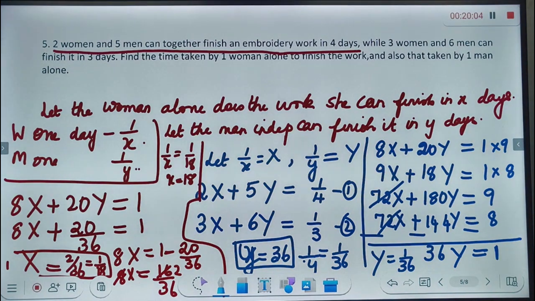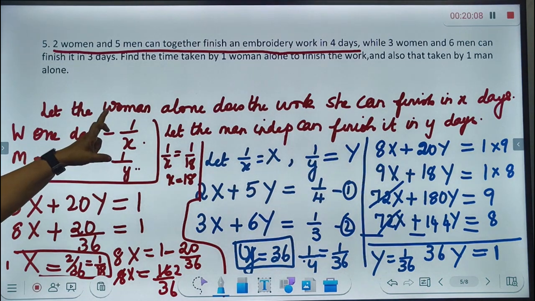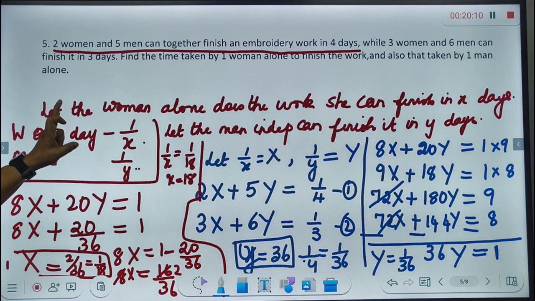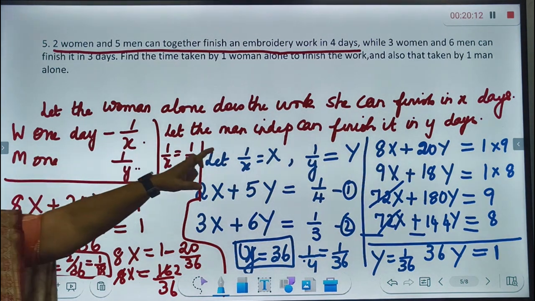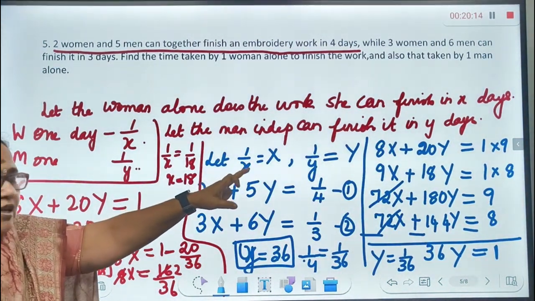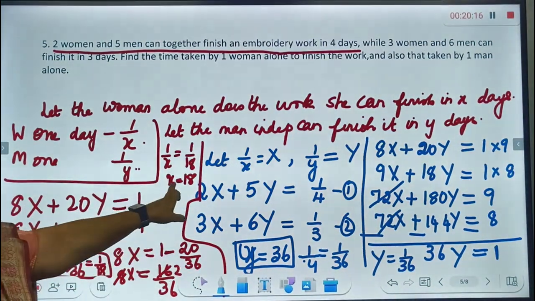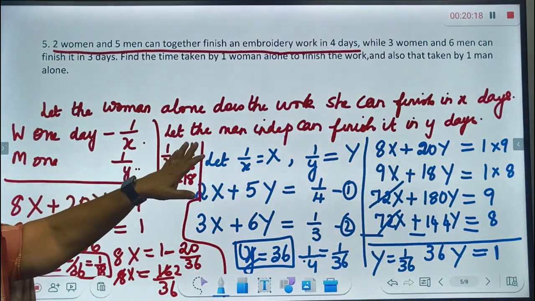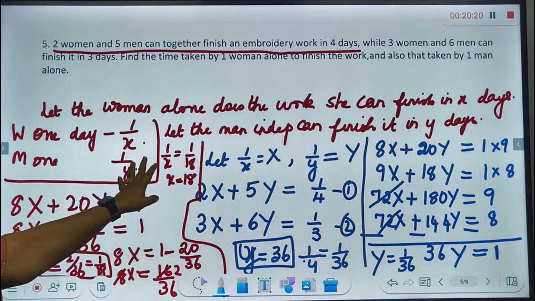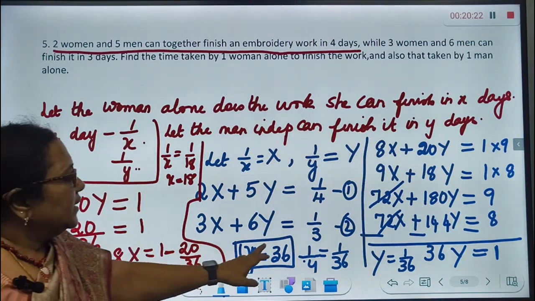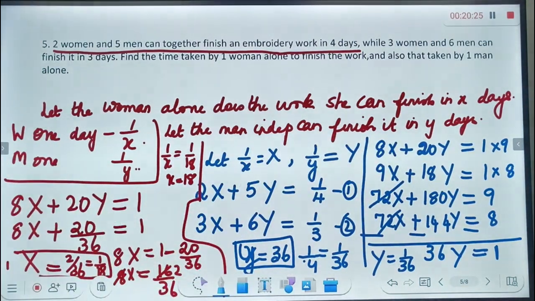So is it clear? We have found out the time taken by one woman alone to finish the work. We assumed that she can finish it in x days. So what is the value of small x? Small x is 18. If the man alone does the work, he can finish it in y days, so the value of y is 36. Is it clear?